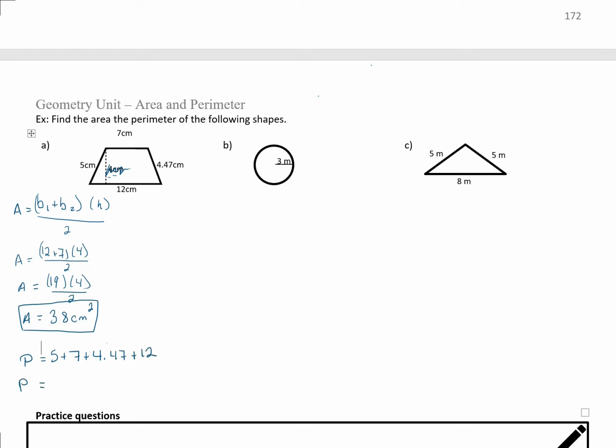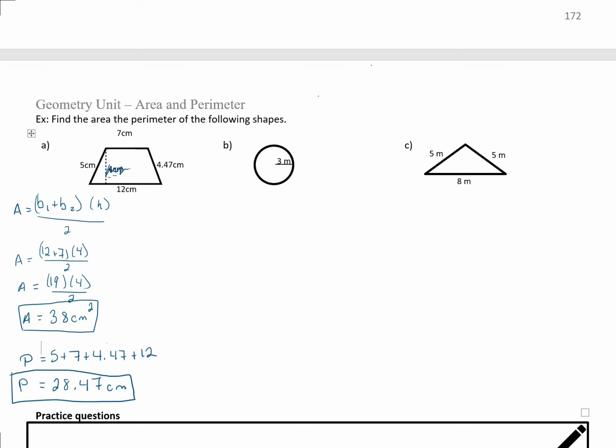So 5 plus 7 plus 4.47 plus 12 is 28.47. Units still in centimeters. So that's all we need for our trapezoid. We found the area, we found the perimeter.